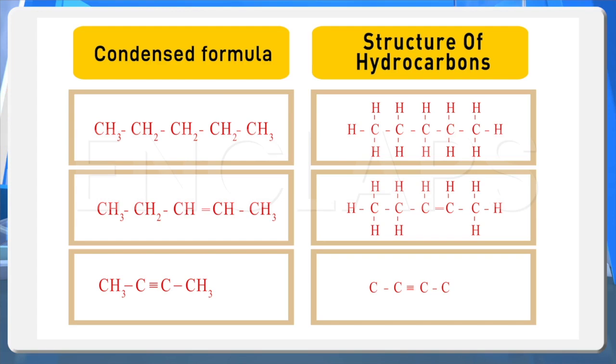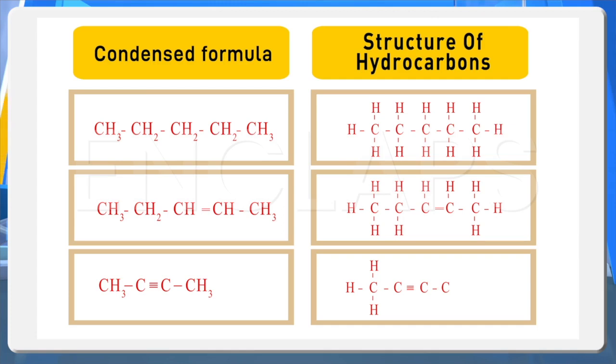Now we have to fill the number of hydrogen atoms in each carbon atoms. In the first carbon atom, there are 3 hydrogen atoms. So we have to put 3 hydrogen atoms in the first carbon. Then in the second carbon and third carbon, there is no hydrogen atoms.